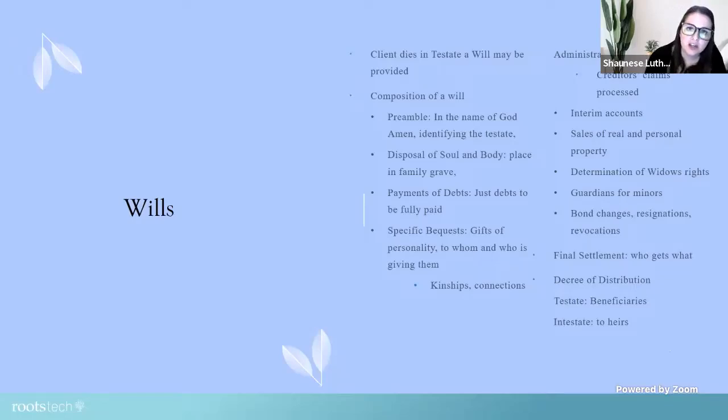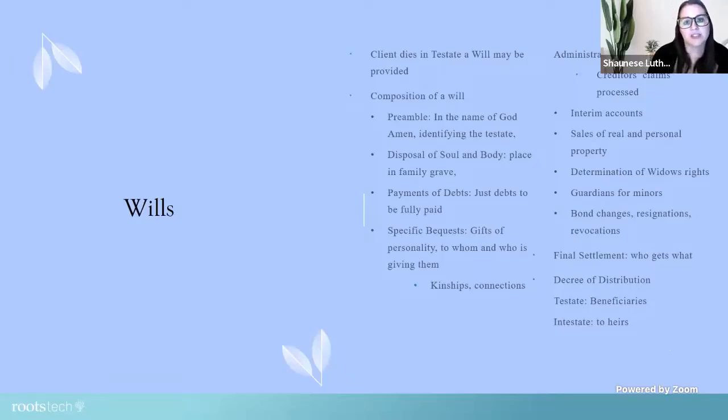And in the composition of a will, you have the preamble, in the name of God, amen, identifying the testator, disposal of sound mind and body. So if they were sane and could write this, then that's good. And then where they're buried. Then you also have their debts being paid.